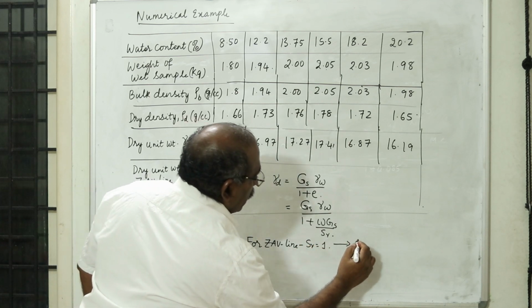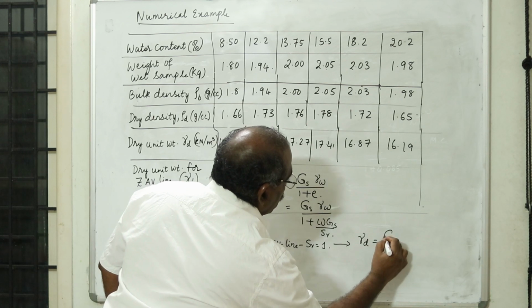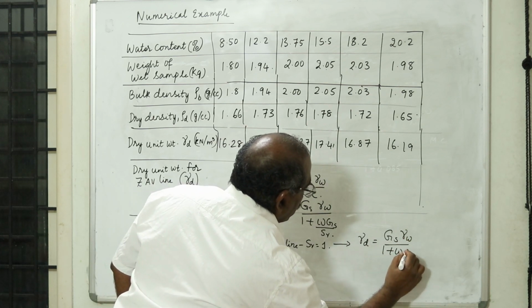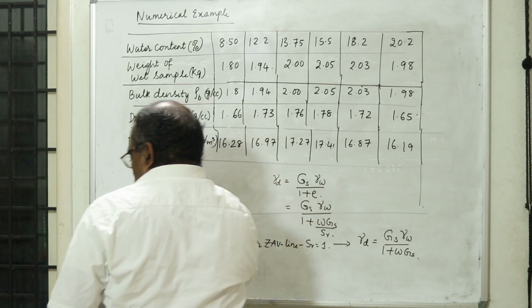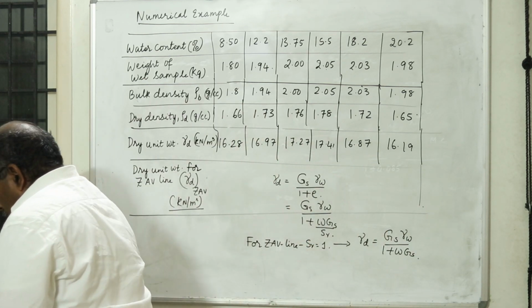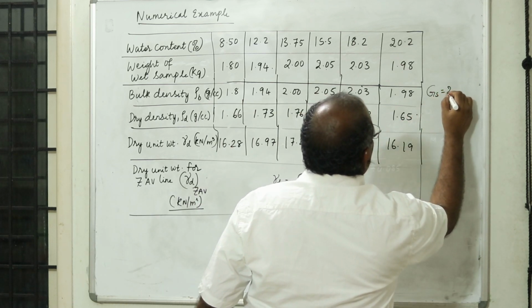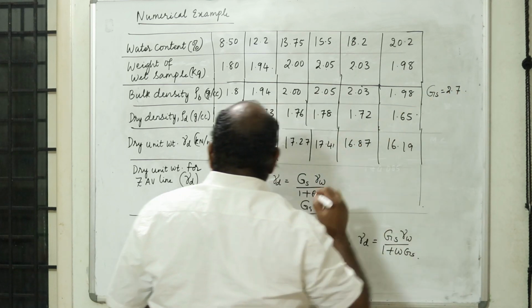Therefore, I get gamma D is equal to Gs gamma W by 1 plus W Gs. The specific gravity in this problem has been given as 2.7. That is all you need to take. Gs is the specific gravity of solids itself, 2.7.